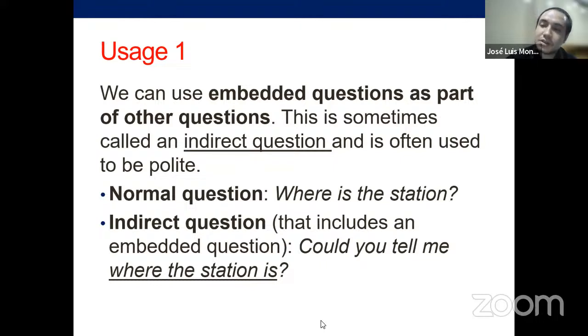Okay, so this question is for you, Astrid, and very similar. What is the party's location? Where is the party's location? So how do you change that to an embedded question, Astrid?